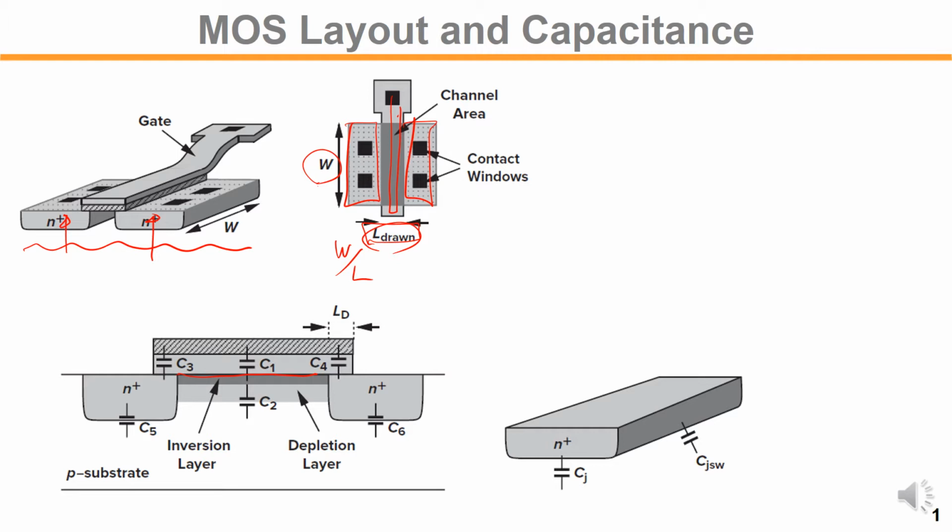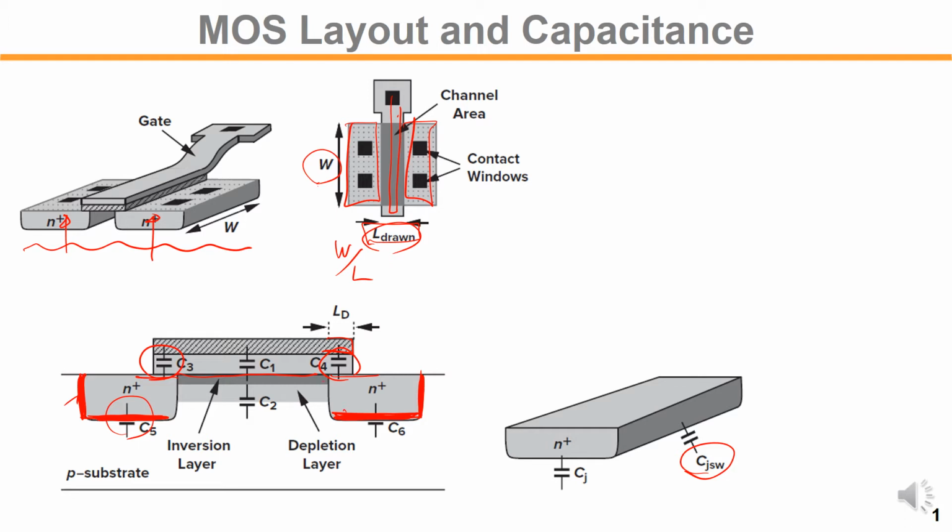So there's also overlapping capacitance between the gate and the diffusion, right? And also we have a reverse diode junction capacitance. So this junction capacitance on the left, this is sidewall, this is the bottom junction capacitance. Also on the right hand side, another diffusion has also sidewall junction capacitance that is represented by the CJSW, and also another junction capacitance on the bottom.